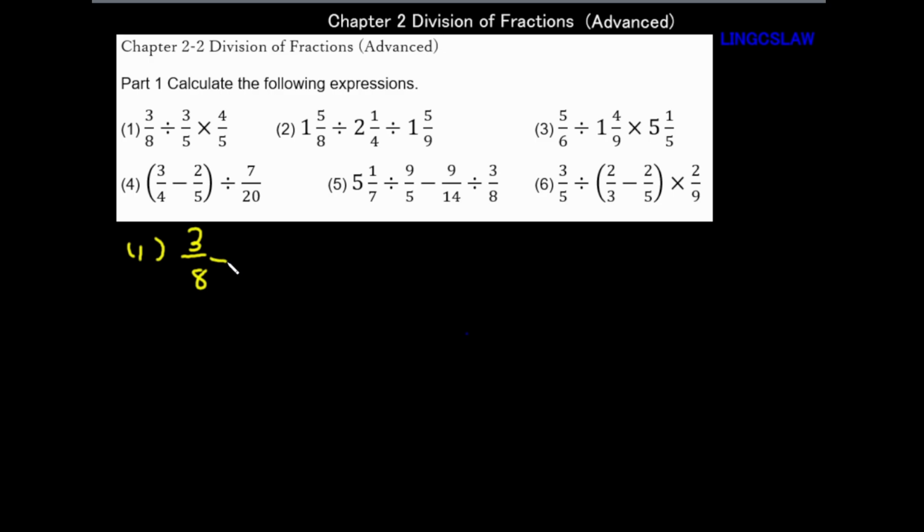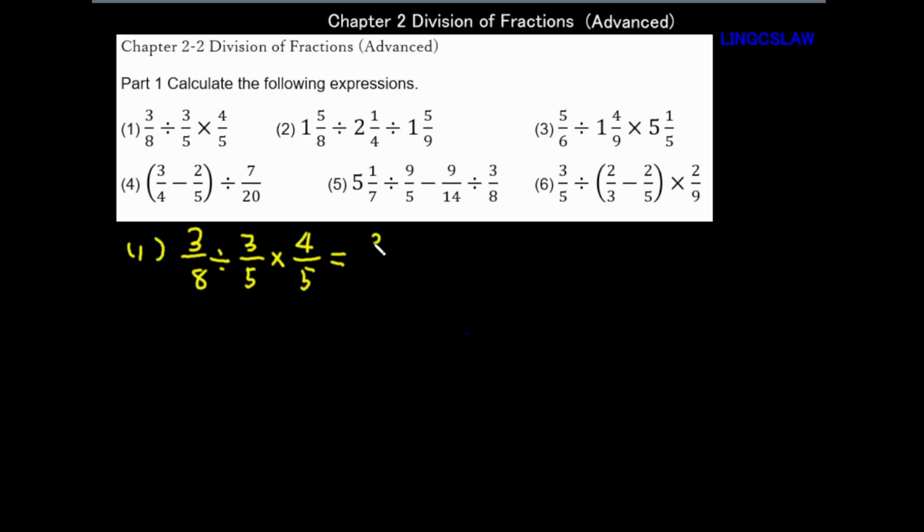Now let's get started. 3 over 8 divided by 3 over 5 times 4 over 5. For divisions, you can switch the denominator and the numerator.